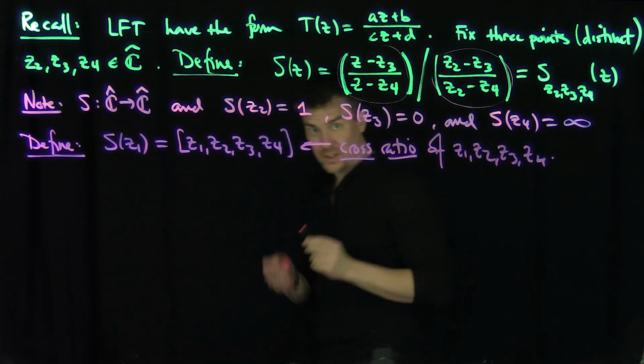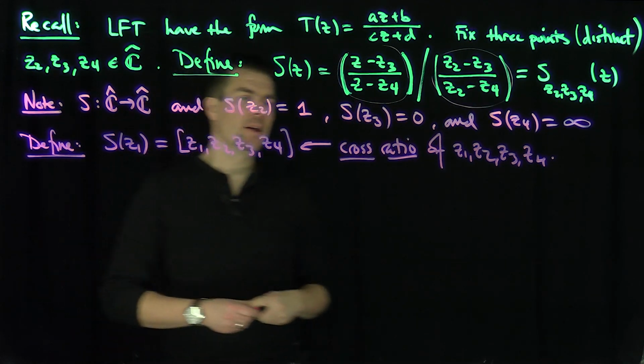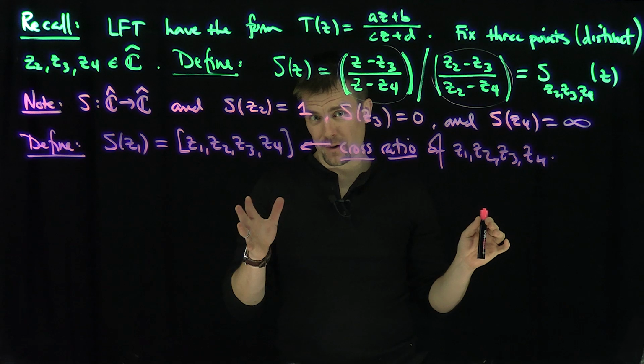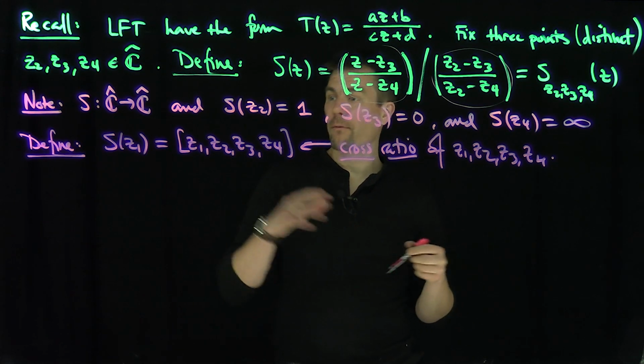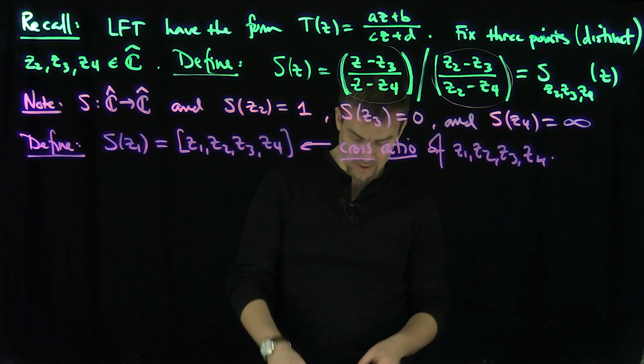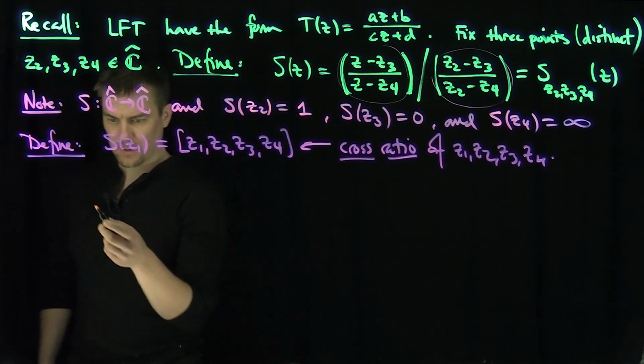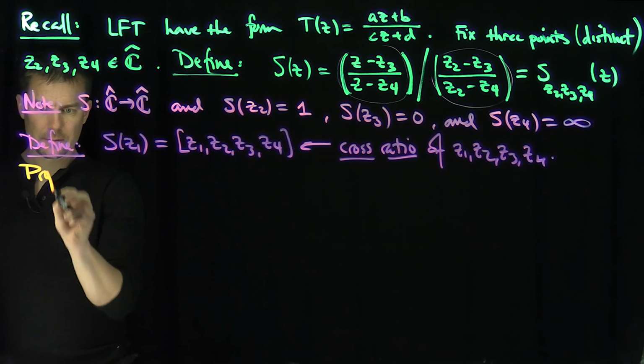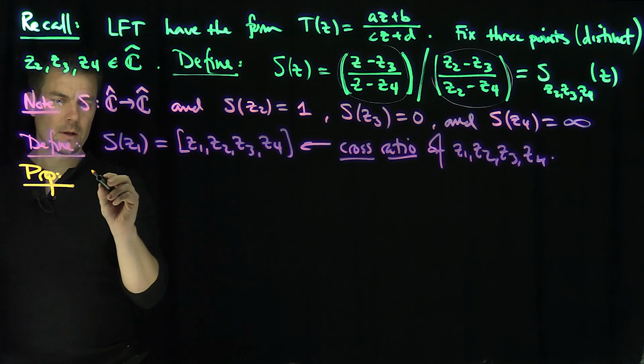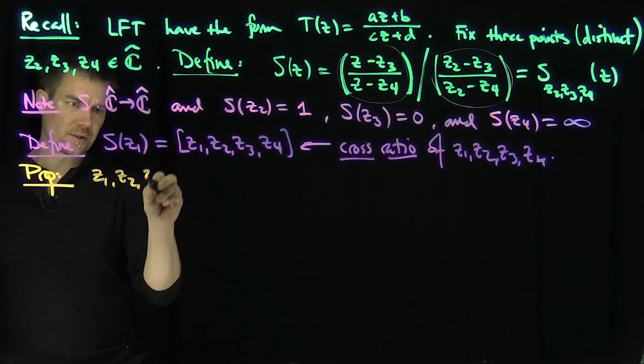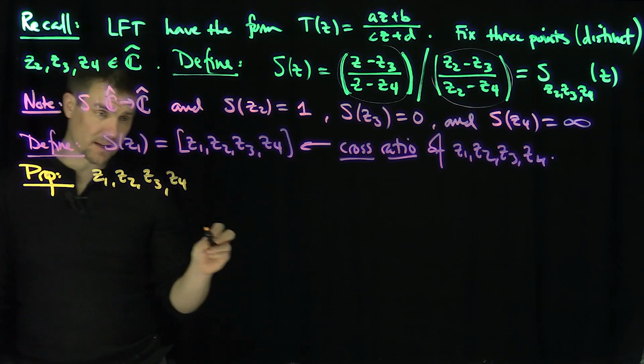We've already proven something about this in disguise. The cross ratio is real if and only if the points z1, z2, z3, z4 are concyclic. So we've already proven this, and I'll send you the link to that proposition.